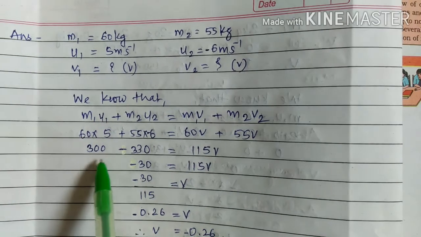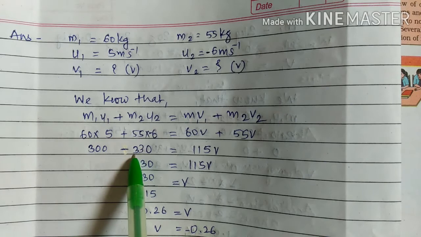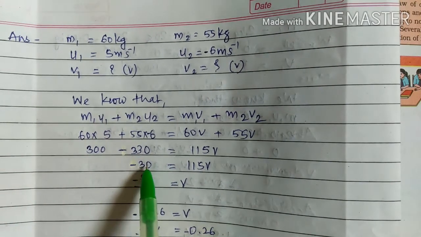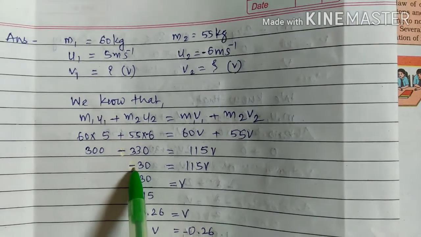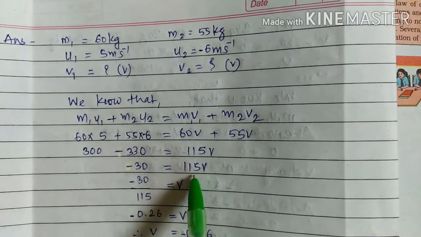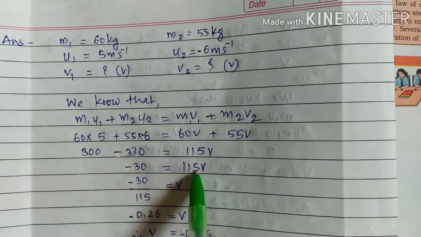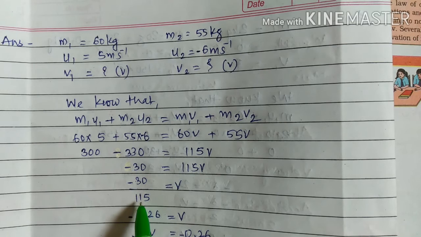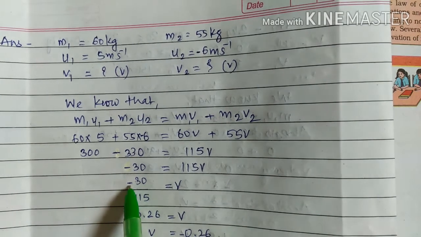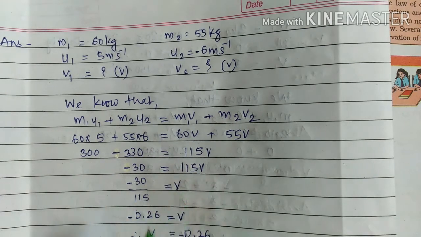Now subtract 300 from 330, it becomes minus 30, because the greater number has the minus sign, is equal to 115 v. Take 115 to the left hand side, it becomes denominator. Now minus 30 upon 115 is equal to only v.